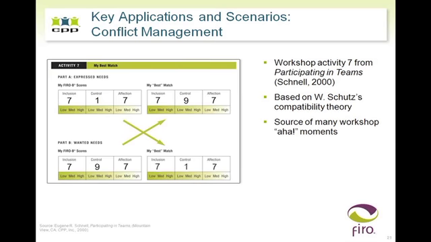And similarly, I would take her expressed inclusion, control, and affection scores of 7, 1, and 7, and transpose them into the bottom right-hand corner of this new grid. And so, in effect, we've created a new set of FIRO scores on the right side of this page. And these new scores represent what Will Schutz would refer to as Jane's ideal other.